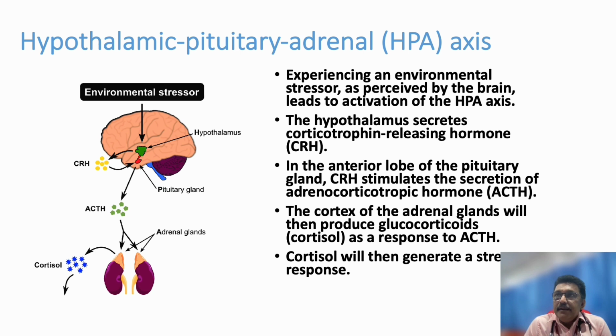Initially we may treat the patient with fluid and noradrenaline. Noradrenaline is a type of drug which improves the blood pressure, heartbeat, cardiac output and all. If that drug is also not able to improve the clinical parameters, like BP is not improving, pulse is not improving, then we can give steroids.